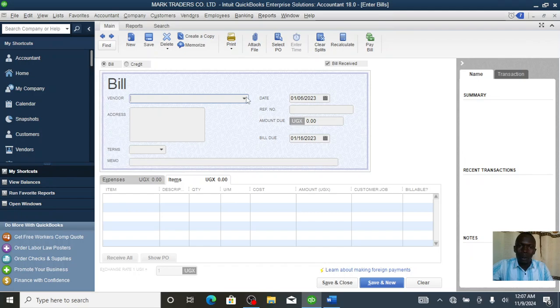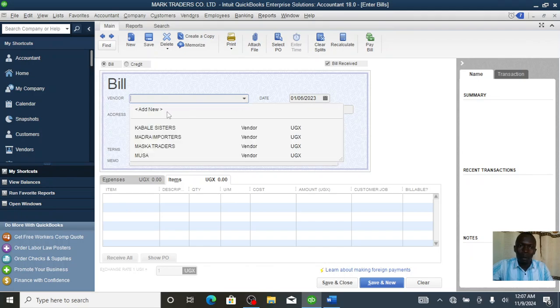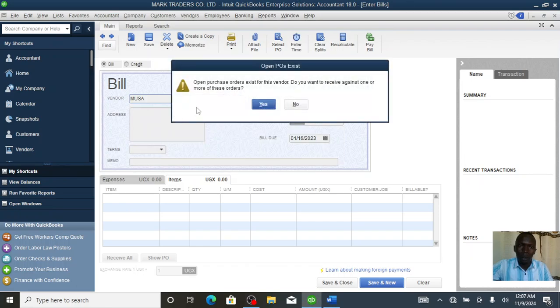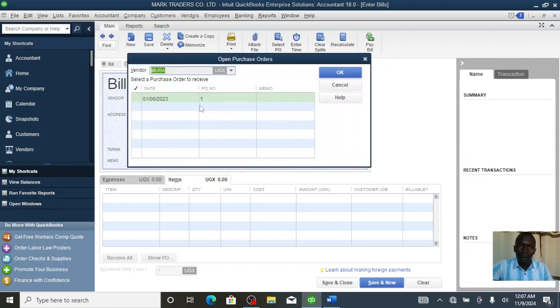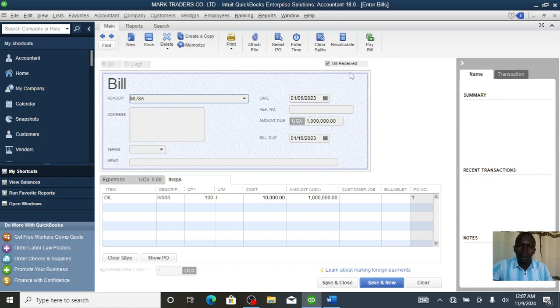Our vendor, we named him Musa. Yes, we check this, then okay. Then we save and close.